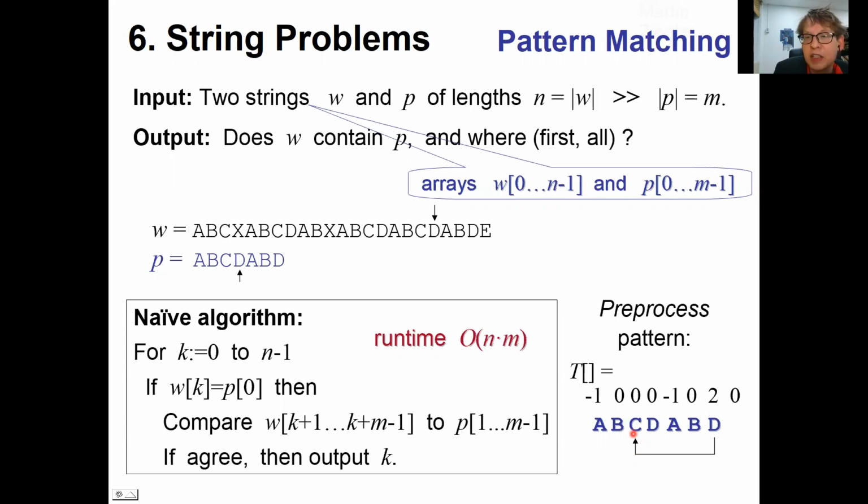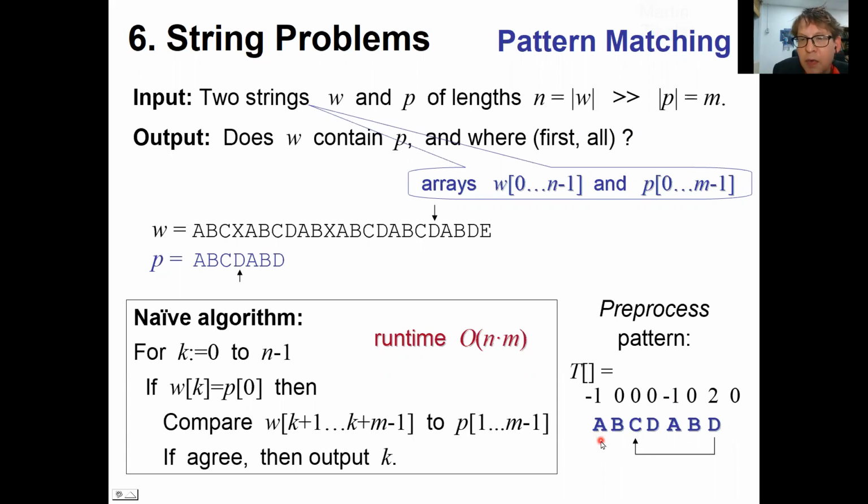But there's an additional entry in the preprocessing array, namely this -1. -1 means, like 0, reset the position in the pattern to the start, but also increase the position in the search string.